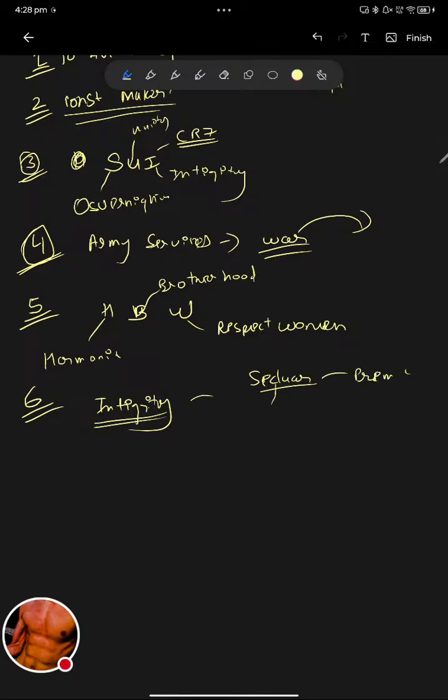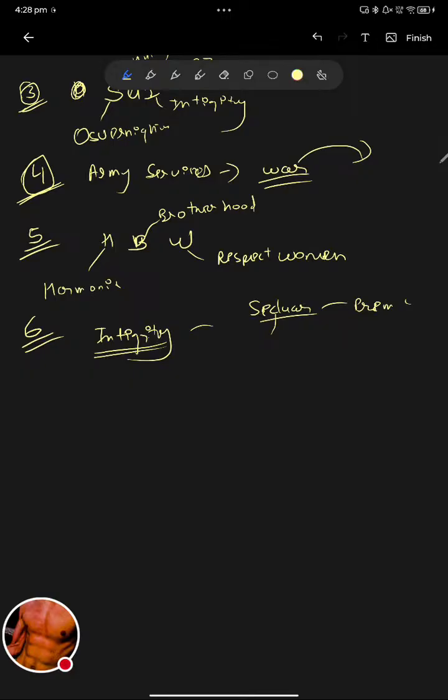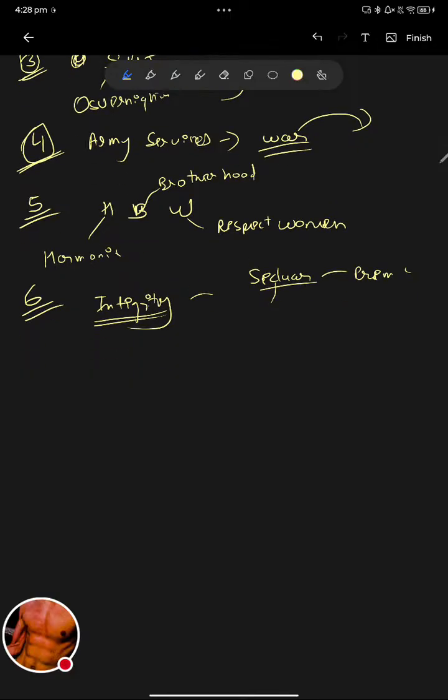Secular means there are so many religions in India, but we don't follow a particular religion. You could be any religion you want. So integrity emphasizes that you should not discriminate on this basis.